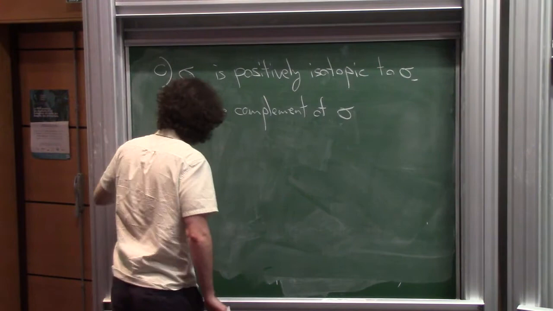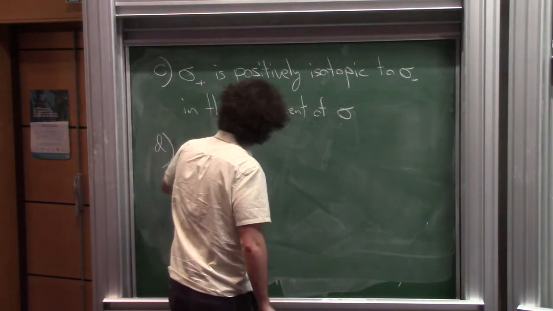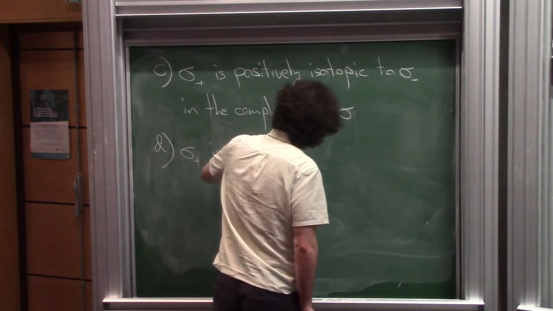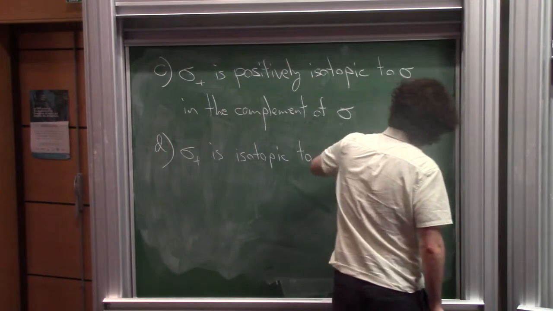D, sigma plus is isotopic to sigma minus in the complement.